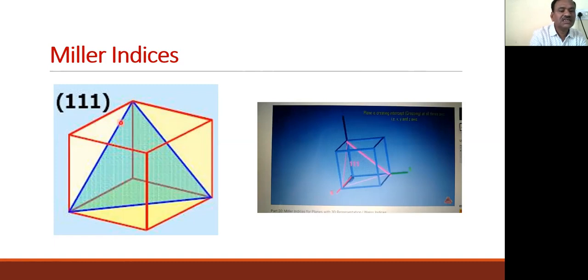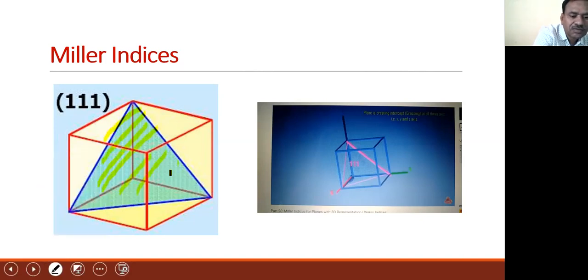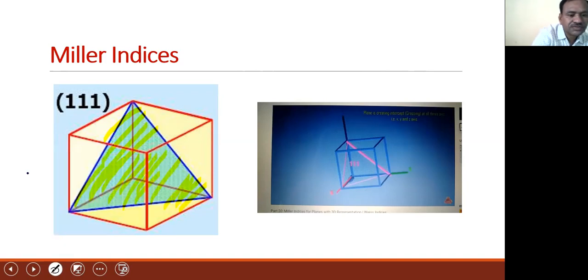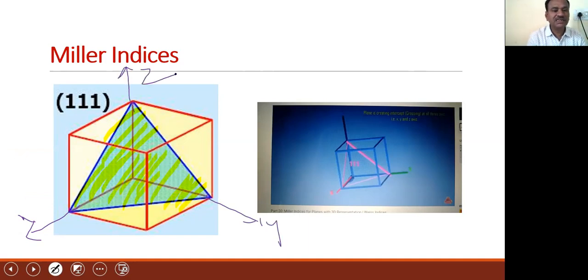So this is the plane that is highlighted. This is x, this is y, and this is z. What are the Miller indices of this plane? 1, 1, 1. If you want, you can look into this animation.